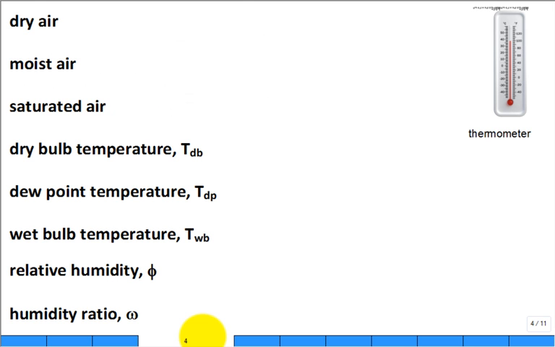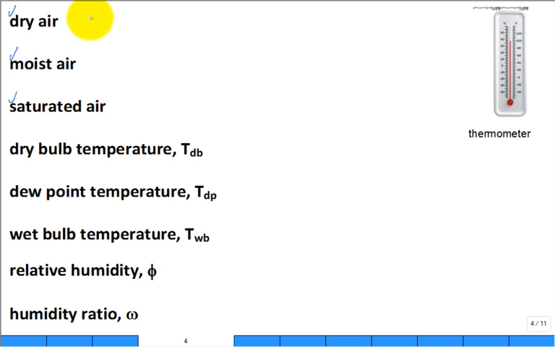First of all, there's three types of air: dry, moist, saturated. Dry air. What do you think they're talking about when they say dry air? This is not a hard question. This is the easy one. No water vapor in it. Is the room air in this room right now dry? No, there's humidity in it.